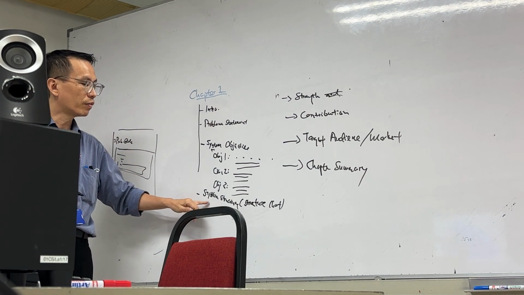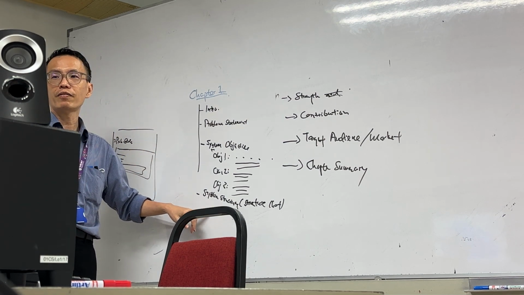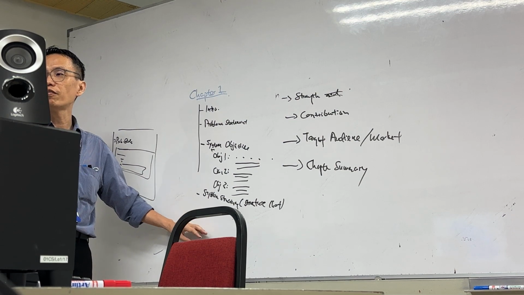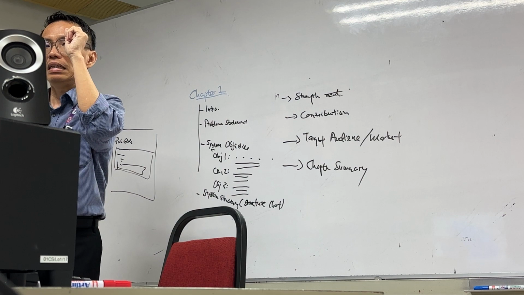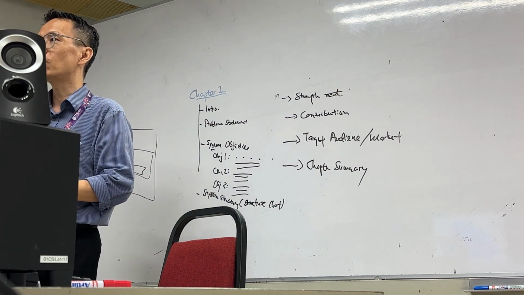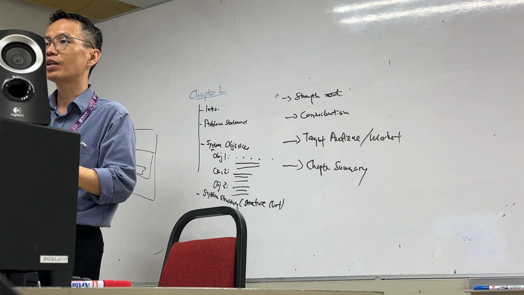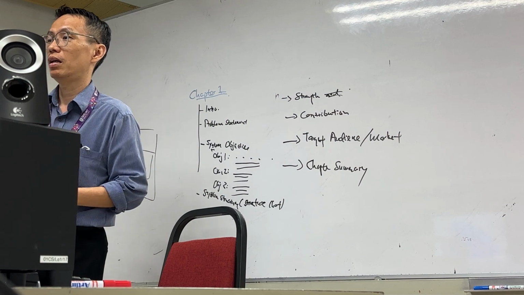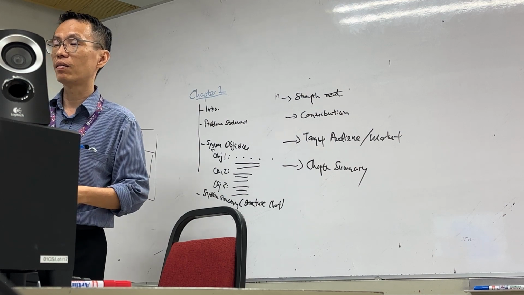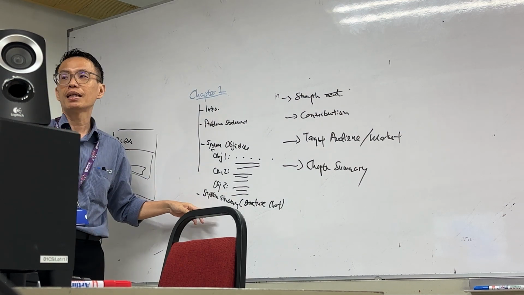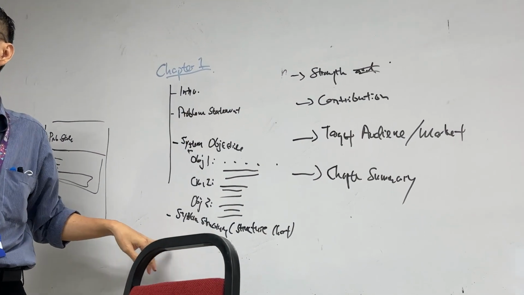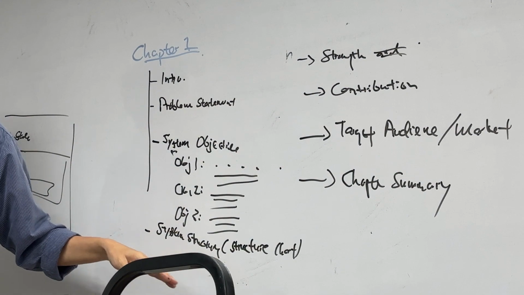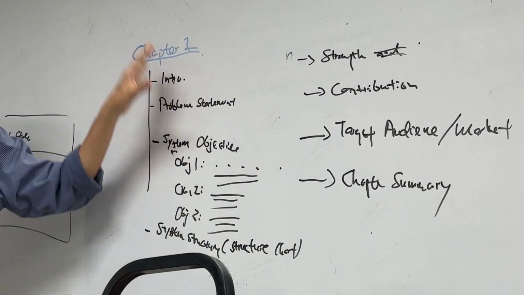Now for the description of the system structure, you have the structure chart, and then for each of the modules you describe the core features. Understand? The core features means your selling point. This structure chart can be a combination if you are a team, but if you combine together, you need to mention which module your part is doing.